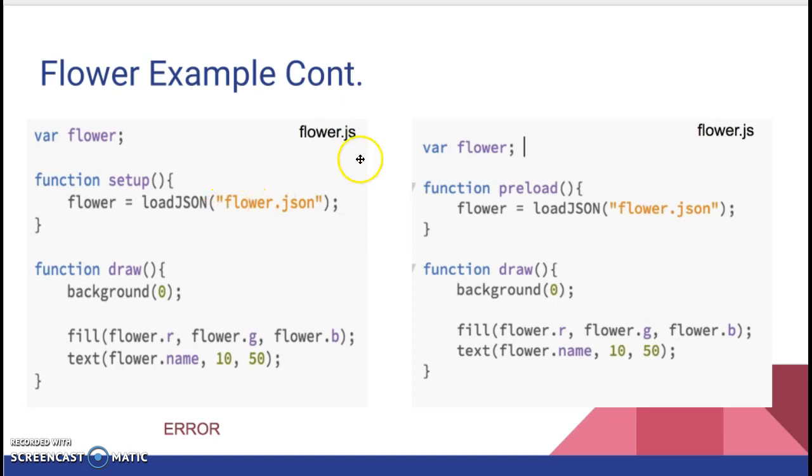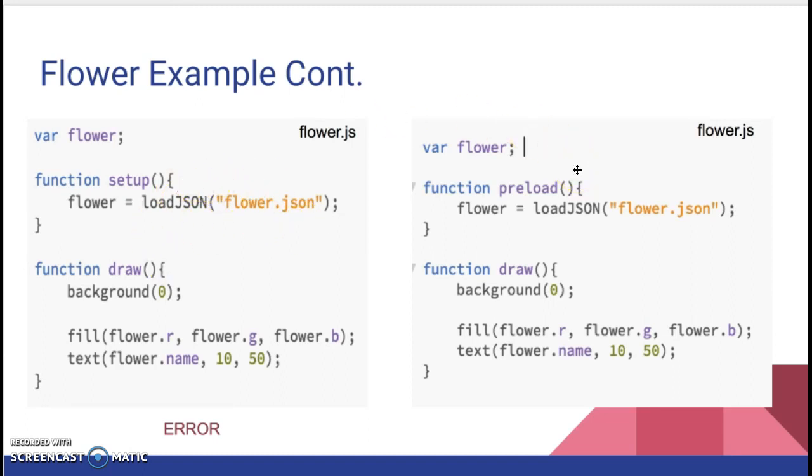And so the problem is that if that hasn't finished loading yet, our code is going to continue to go down line by line, and it's going to get down to here and want to use flower.r, but guess what? That is in our flower.json, and so if it hasn't finished loading, we'll get an error, and it'll think that our values are null because this hasn't completed loading yet. So this isn't how we want to do it.